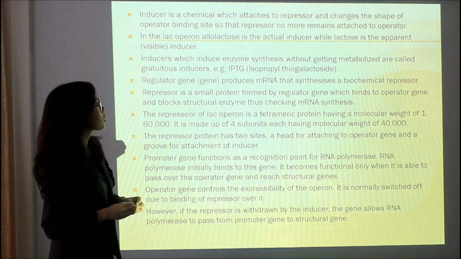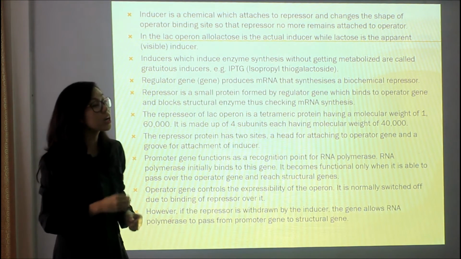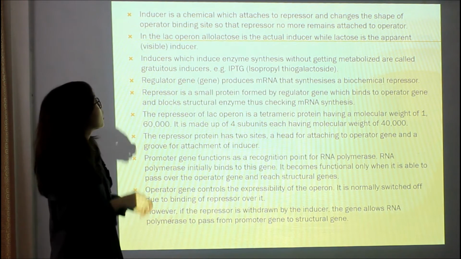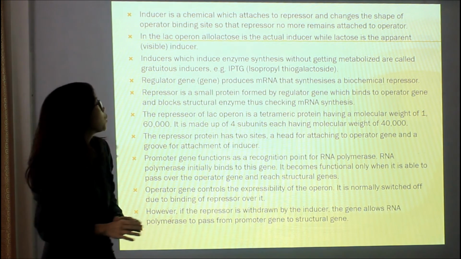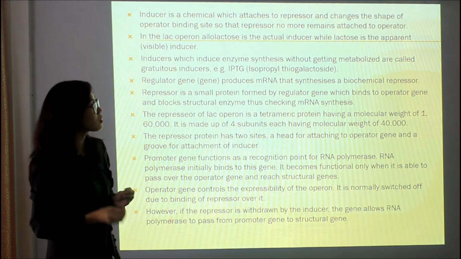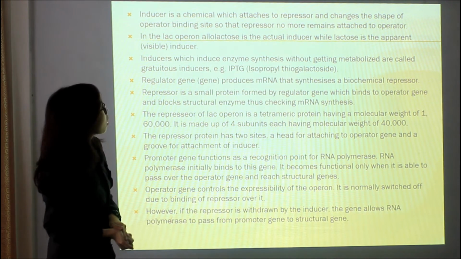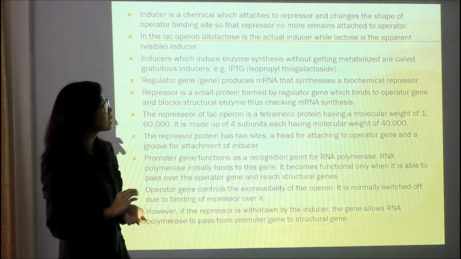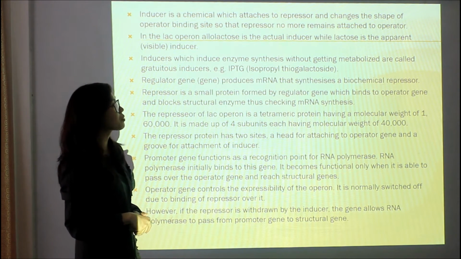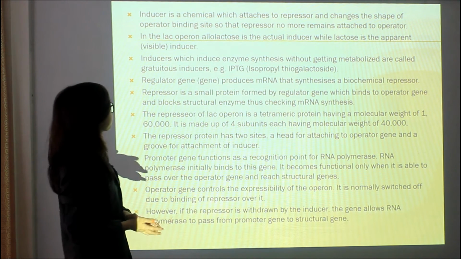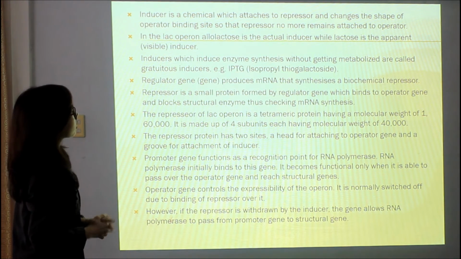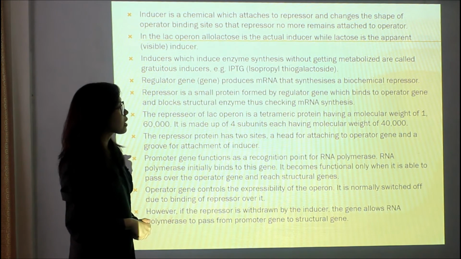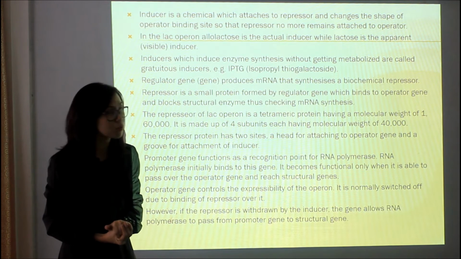In the lac operon, allolactose is the actual inducer, while lactose is the apparent or visible inducer. Inducers which induce enzyme synthesis without getting metabolized are called gratuitous inducers, for example IPTG, or isopropyl thiogalactoside.